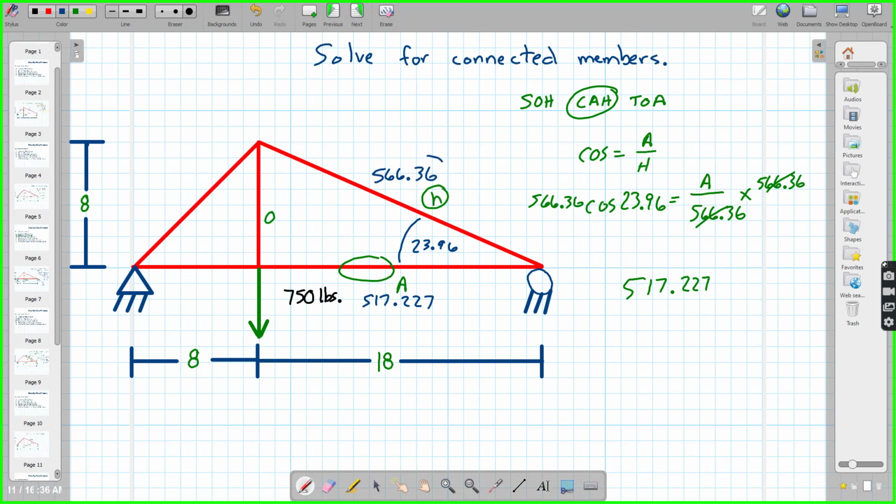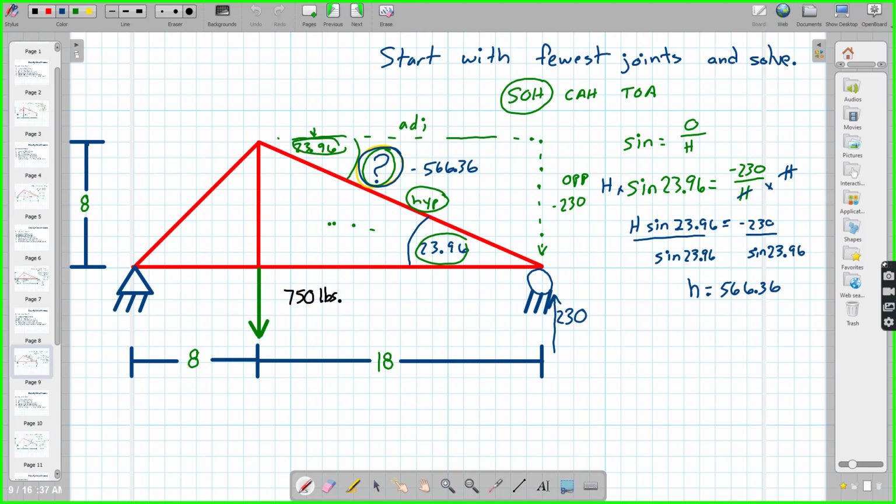Now, one quick thing. Let's go back to this one. You notice before we do that, our answer here is positive. When we have positive numbers, that tells us that the member is in tension. Let's go back and take a look at that 566. We determined that. When we get there, this answer is actually negative, isn't it?